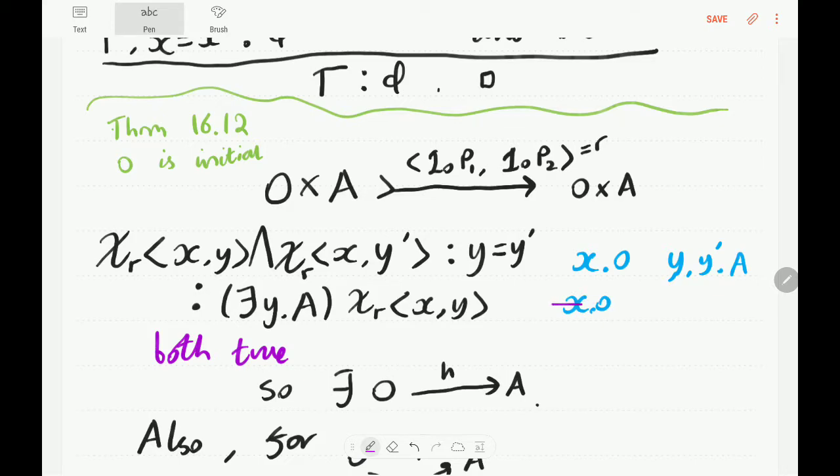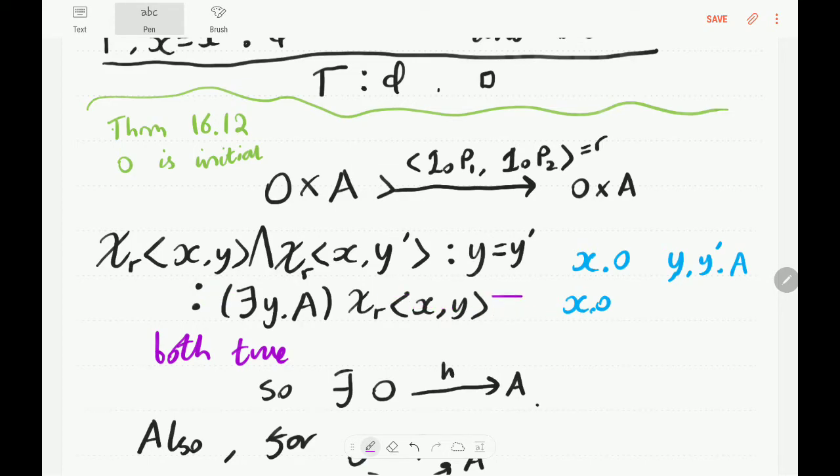But both of these, or we could say for all x.